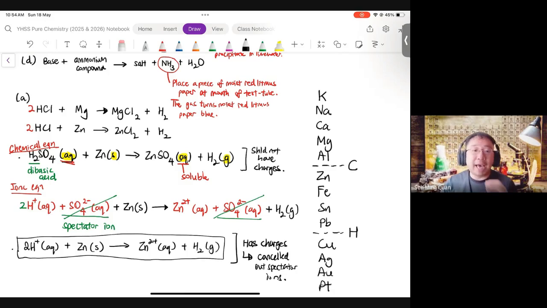So this is the reactivity series of metals that I'm writing out. You notice that the reactivity series of metals includes hydrogen, even though hydrogen is a non-metal. And the reason is because the way to predict which metals react with acids is to look at its position.